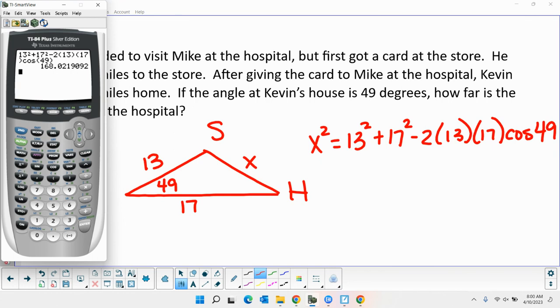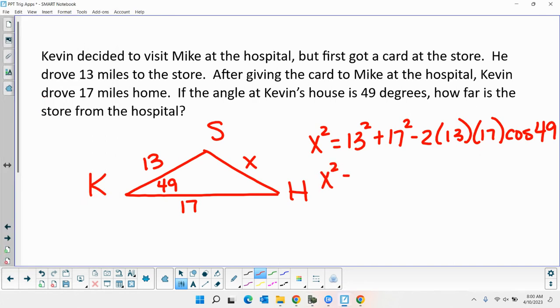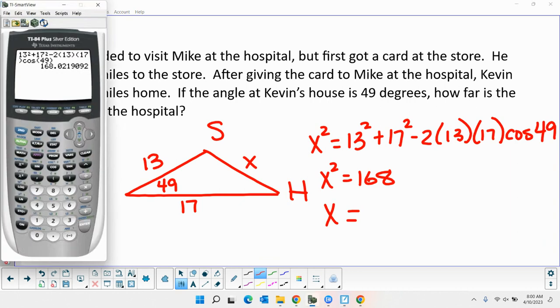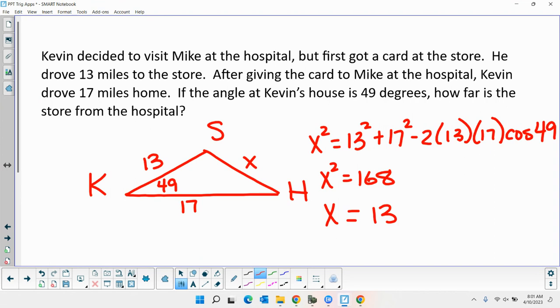Remember, now that's what x squared equals, right? 168. So what do I got to do? Remember to square root that, right? So I go second for square root, second answer, so I don't have to type it in. 12.96, which is basically 13 miles, right?